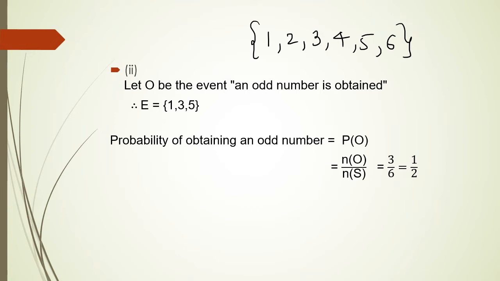Just as in the last example for even numbers, now we want only those numbers which are odd. So that is 1, 3 and 5. This is my event. So n(O), the number of odd numbers, is 3, and again the probability of obtaining an odd number is 3 by 6. After reducing it by 3, we get the answer as 1 by 2.